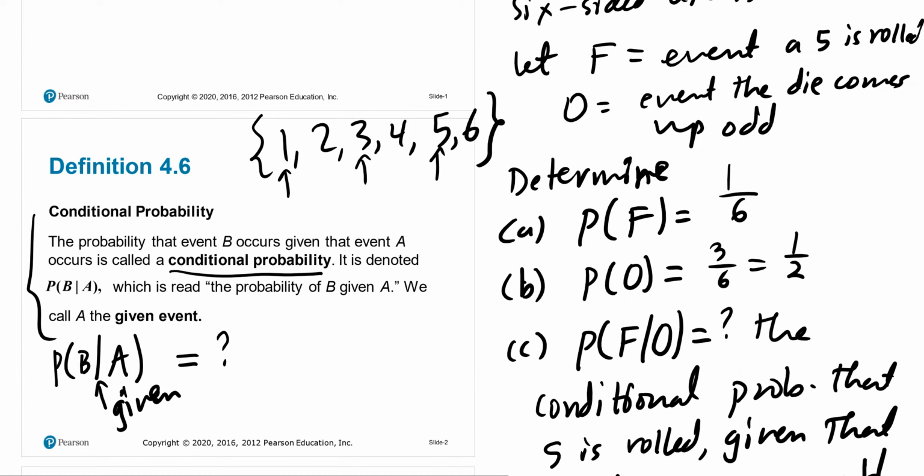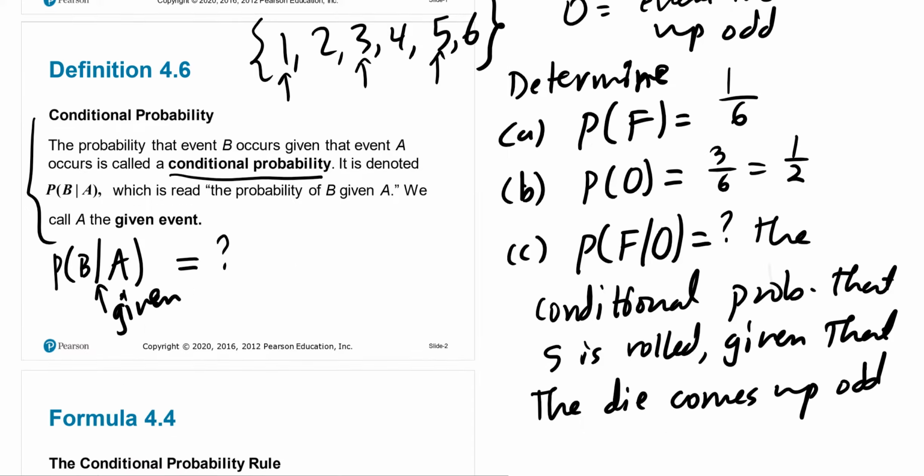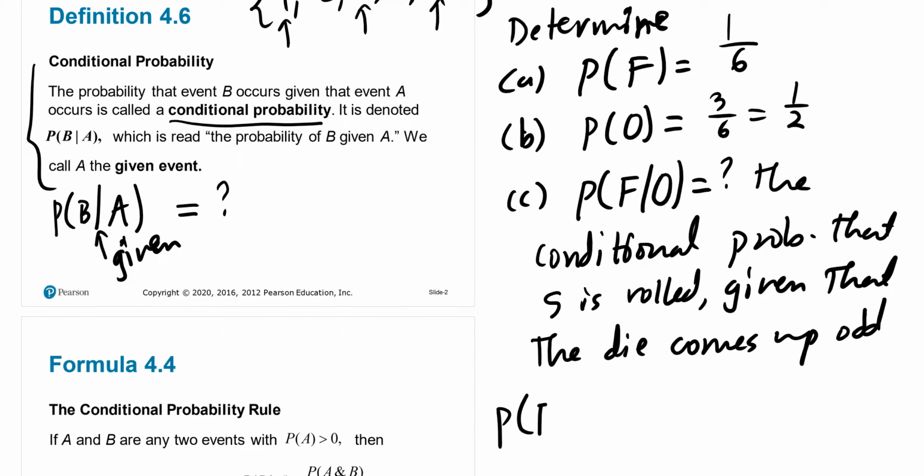Now, what's the probability of F given O? What's the probability you're going to roll a 5 given that the outcome is odd? Now it's not 6 total outcomes anymore. The total outcomes given is going to be the odd numbers.